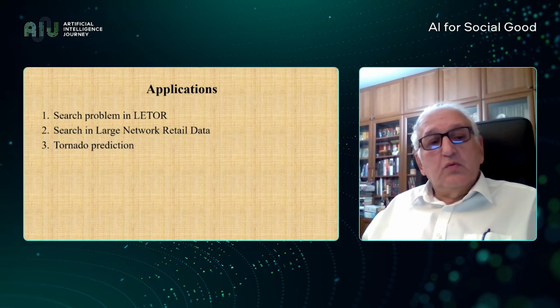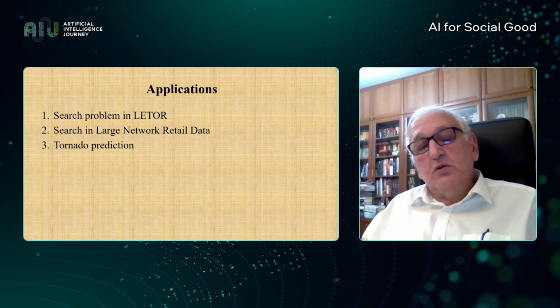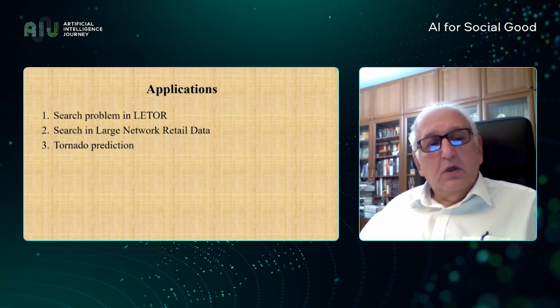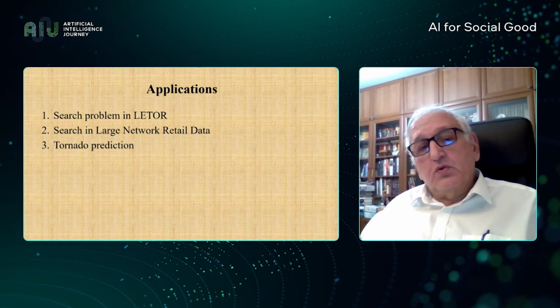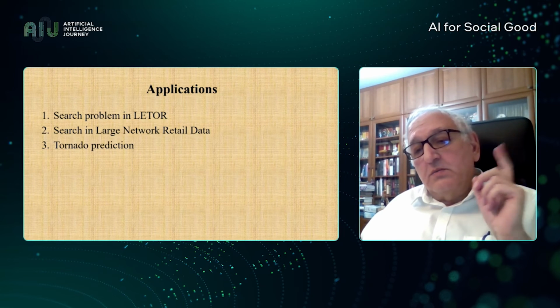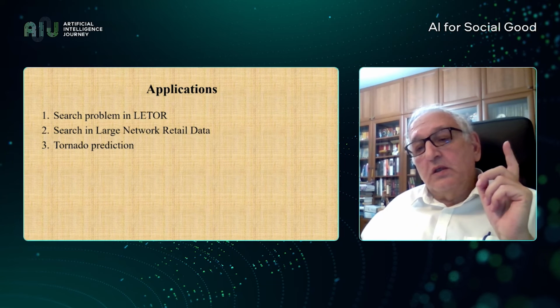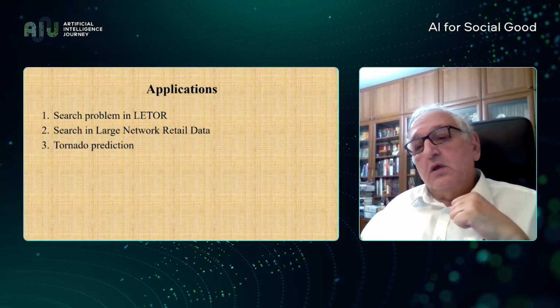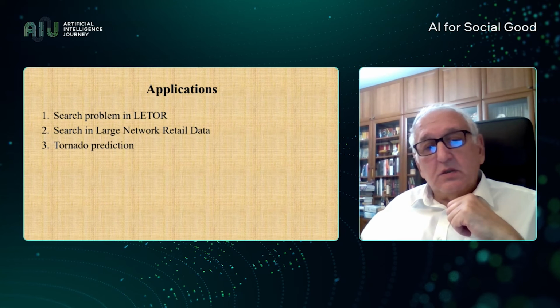And the third one was tornado prediction, which is very new. It was published, I think, this year or last year. And an important part of the story is that the algorithms are linear, you see, so you can apply them to any complicated and large data sets.